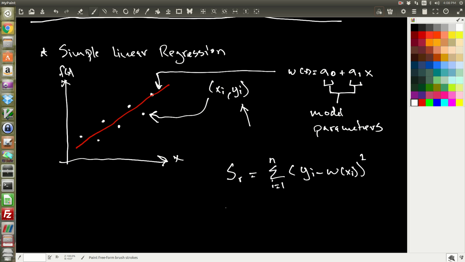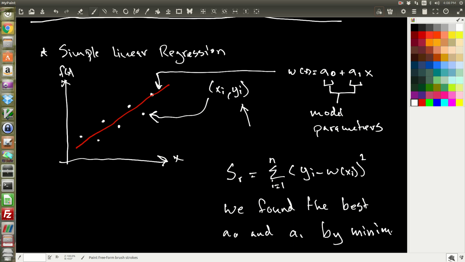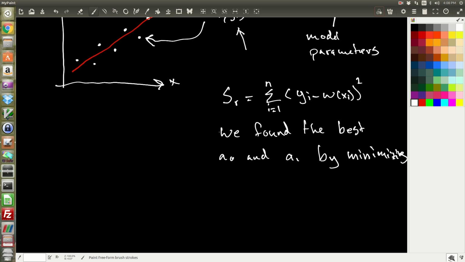So we found the best a naught and a1 by minimizing SR with respect to a naught and a1.